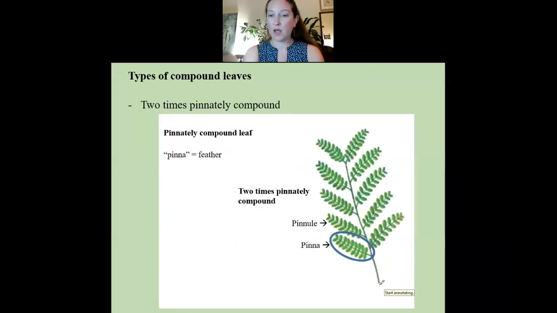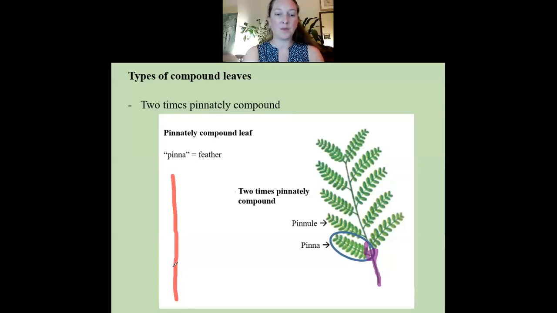So how do you tell? Well, you go up here, there's one division here, here's one division. But then if you go out on here, here's another division, right? So maybe it'll help, or maybe not, if I draw it. So for 1 times pinnately compound, here's the stem of the leaf, as it were, the petiole and then the rachis for the compound leaf.